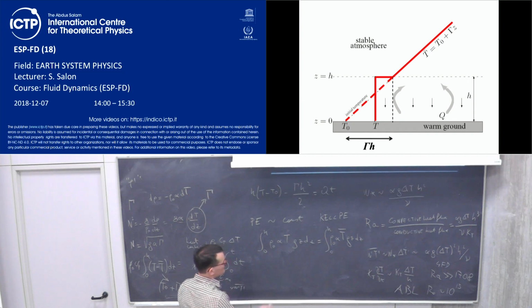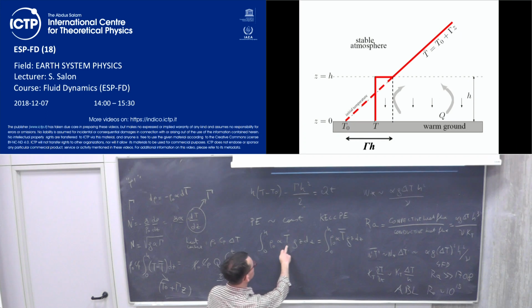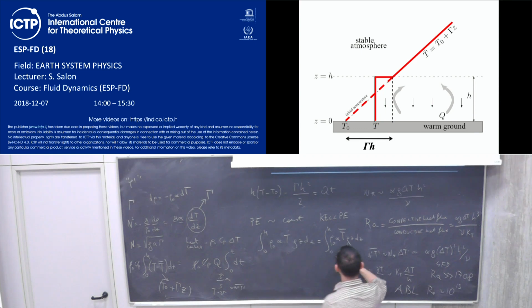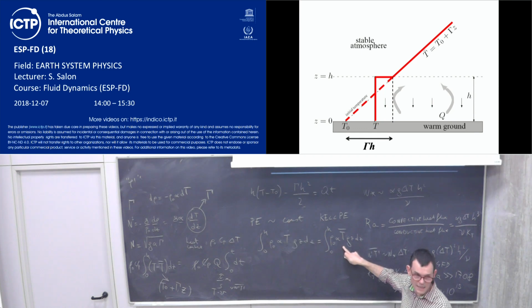So I'm saying that the potential energy at the end, which is related to a layer which has a constant temperature T in its entire depth, is equal to the potential energy that I had at the beginning when the temperature was T bar. Okay?